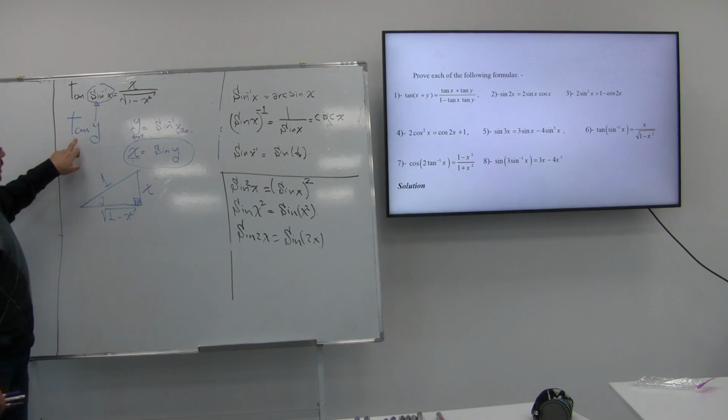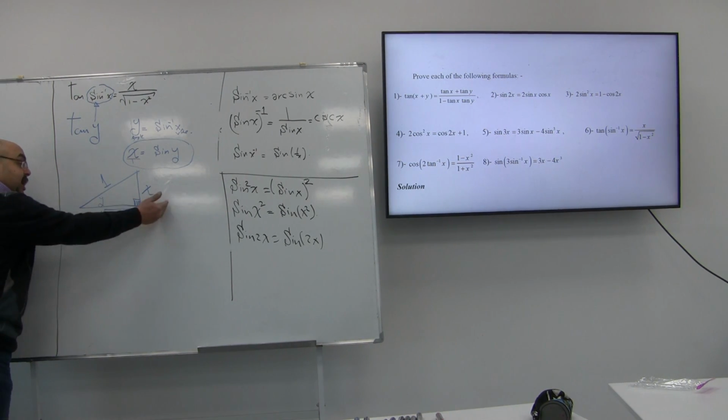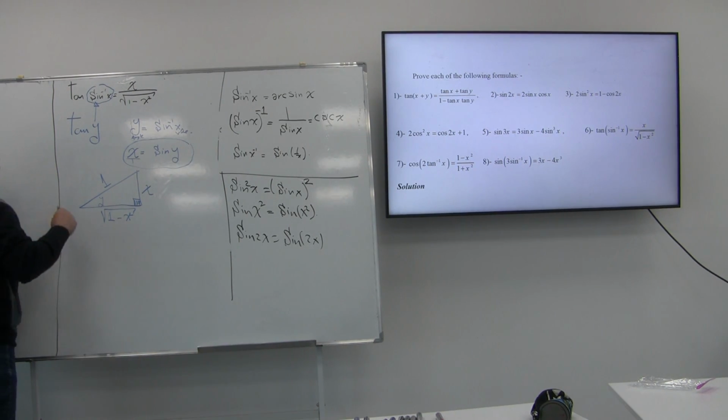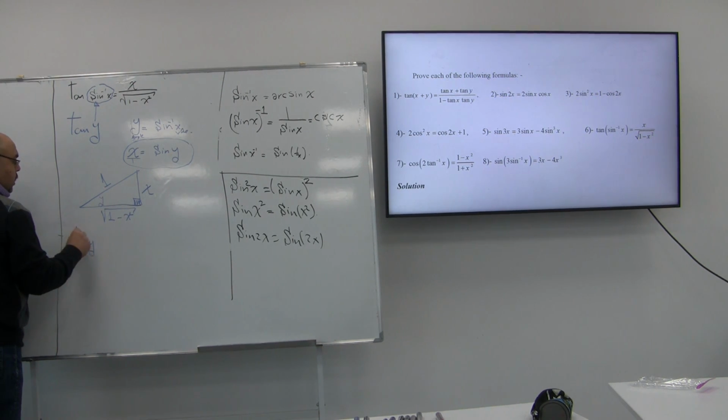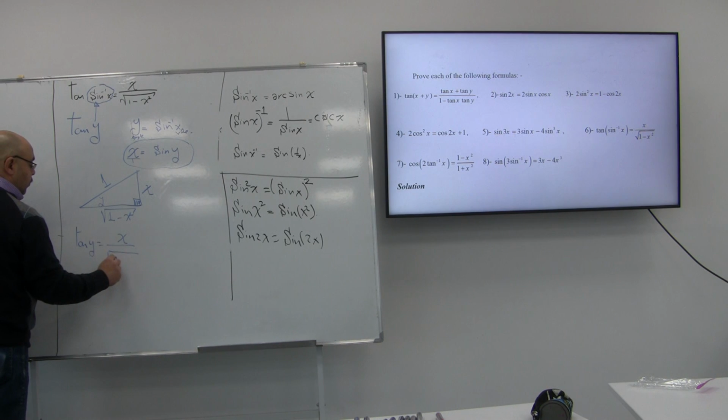دلوقتي انا اصلا عايز احل مين؟ تان واي. تقدر تجيب لي التان بتاع انجل واي from this triangle؟ تان بيساوي مين على مين؟ يعني قصدك انه tan y will equal to x over the root of 1 minus x squared.